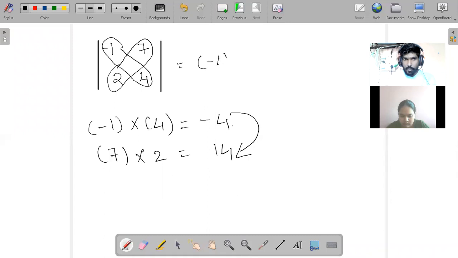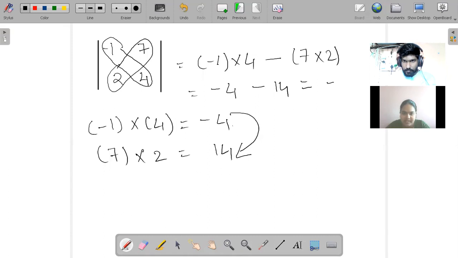So you have to write it like this: -1 into 4 minus 7 into 2. So it will be -4 minus 14. What will this be? -18. Did you get your mistake?